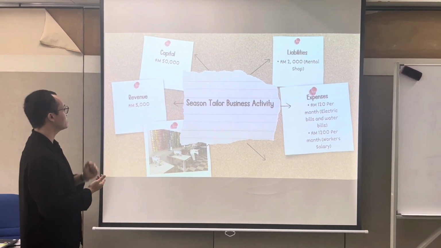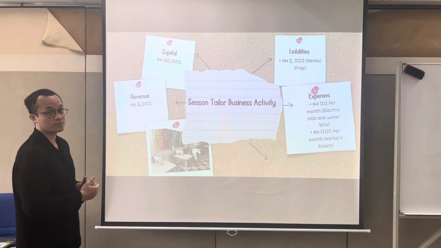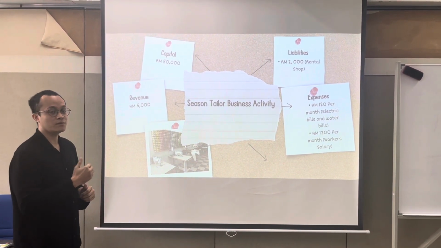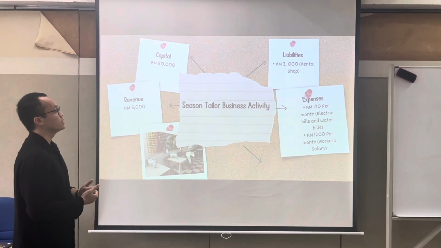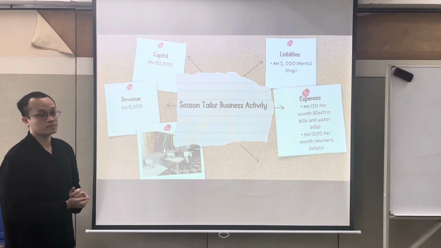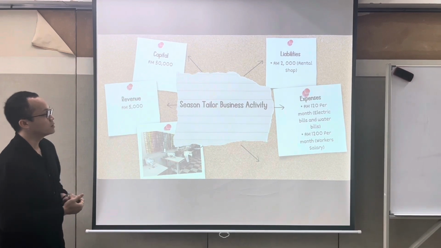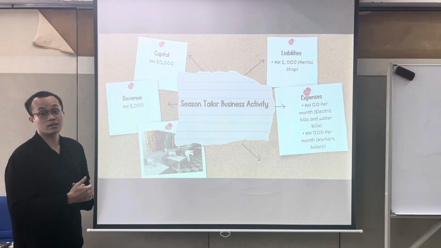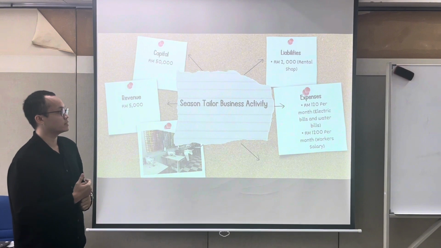The second one is revenue. For the revenue, they usually get profit of around 5,000, but if they have many customers, they usually get 7,000 to 8,000. And for the liabilities, for the shop rental, the owner usually pays 2,000. And lastly, for expenses, for the electric bill and water bill, they usually pay 120 per month.